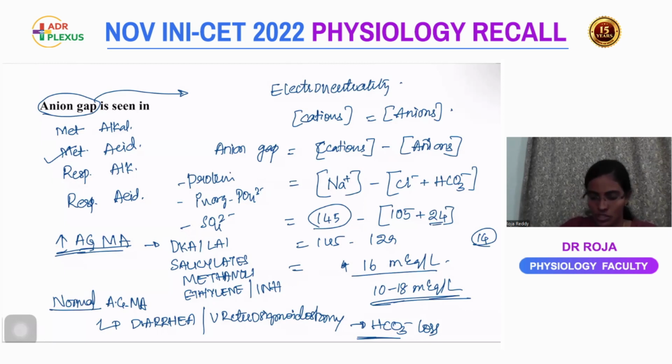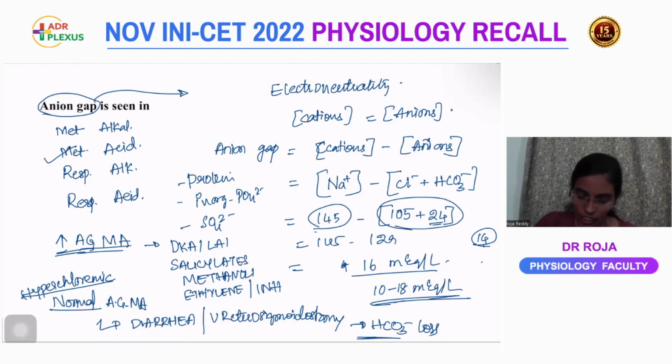So this is associated with hyperchloremia. The bicarbonate is reduced, but chloride is increased. Hence, the total value will be maintained constant, and the anion gap is normal. But if you look at the conditions where the anion gap is increased, it means there is loss of bicarbonate without much compensatory increase in the chloride levels.